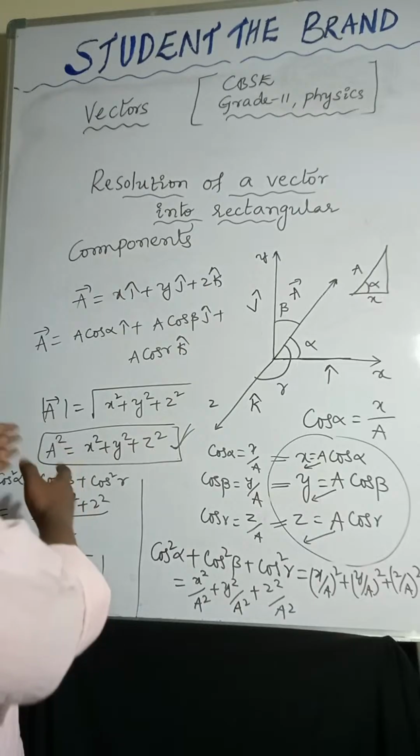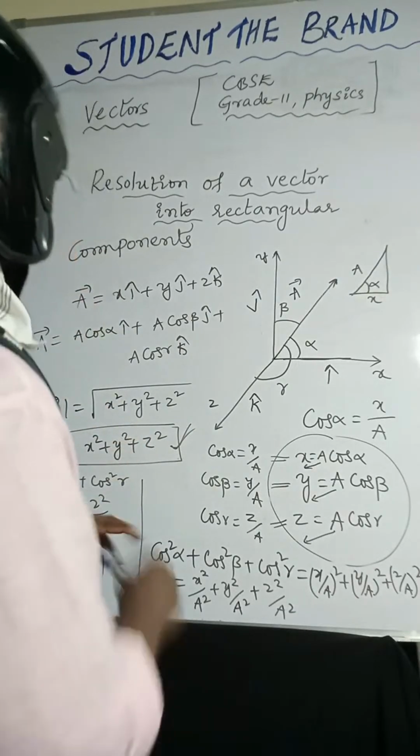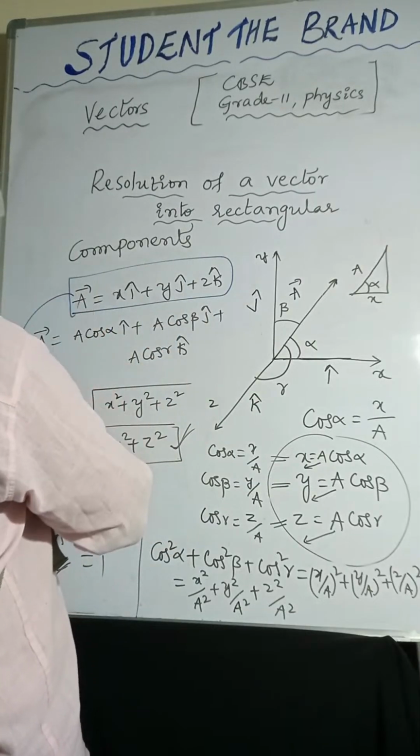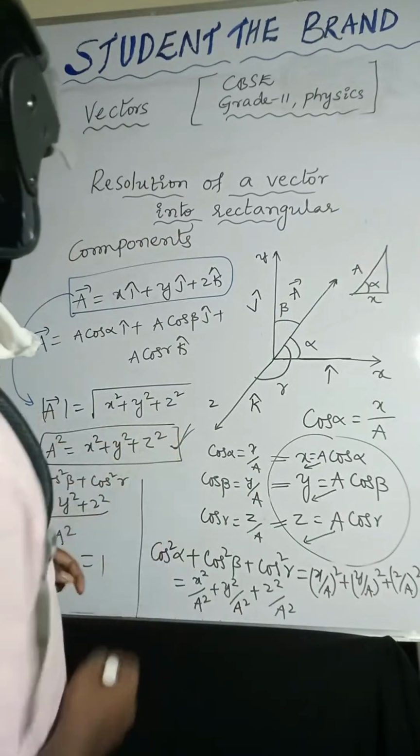So mod a bar, if you are taking root over, a square equal to x square plus y square plus z square.